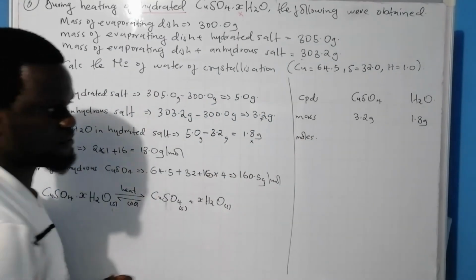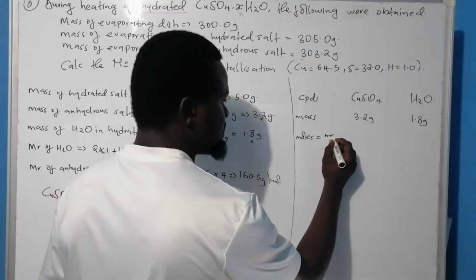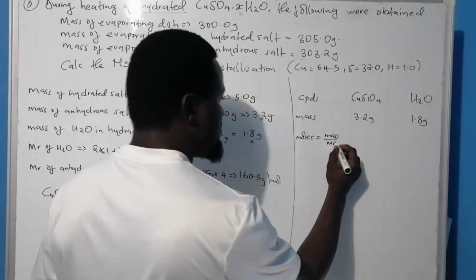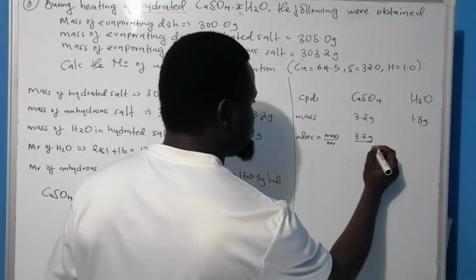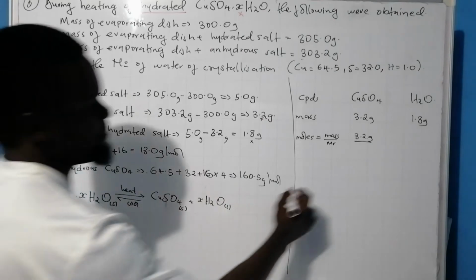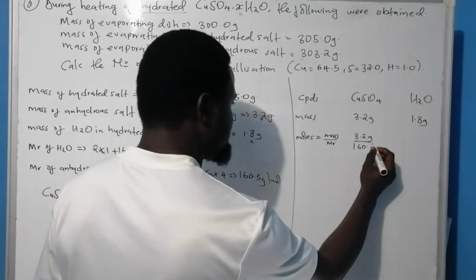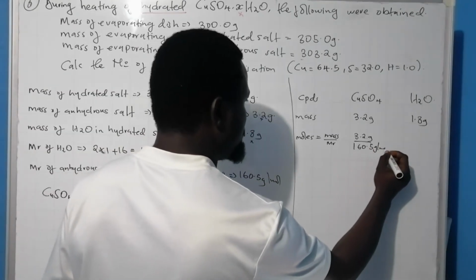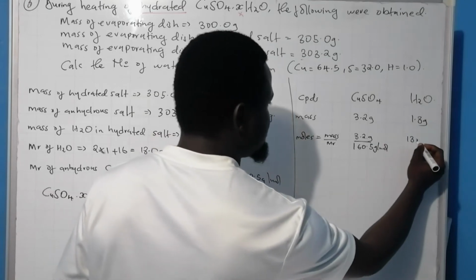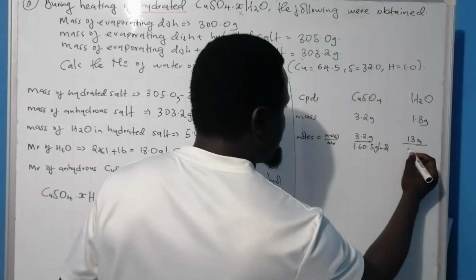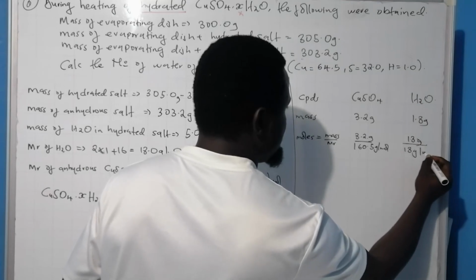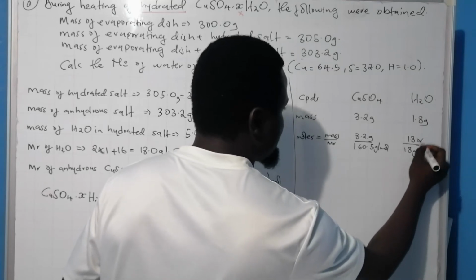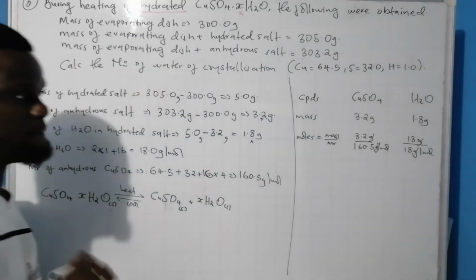And how do I get the number of moles? I'll take the mass divided by the molar mass. So I'll take 3.2 grams divided by the molar mass of copper 2 sulfate, 160.5 grams per mole. For water, 1.8 divided by 18 grams per mole. Now, this will cancel and I'll remain with moles only.